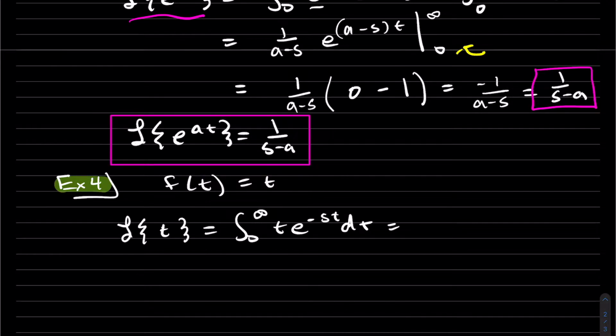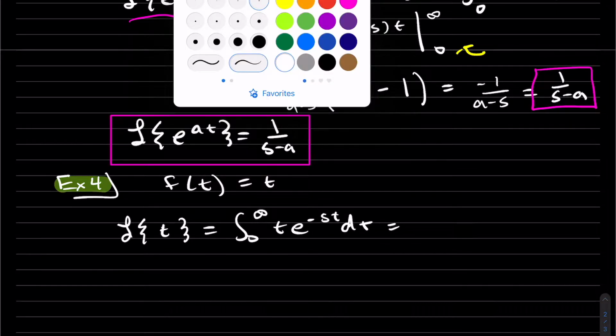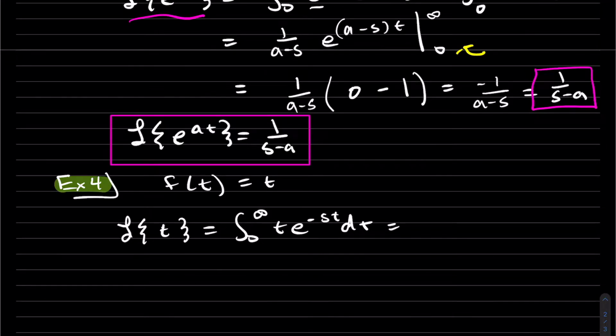Here we are going to have to use integration by parts. If you remember a few videos ago, we did the gamma function. This looks similar to the gamma function, so let's keep that in mind when we're doing this.